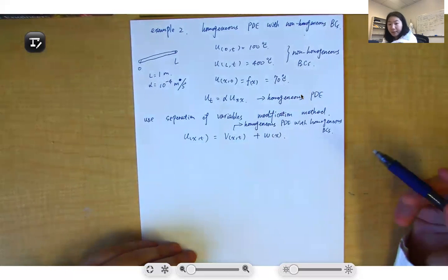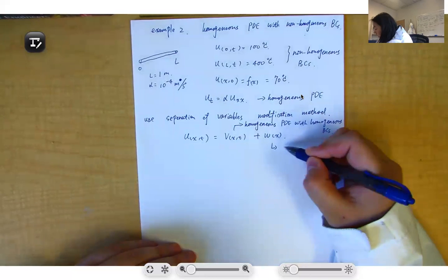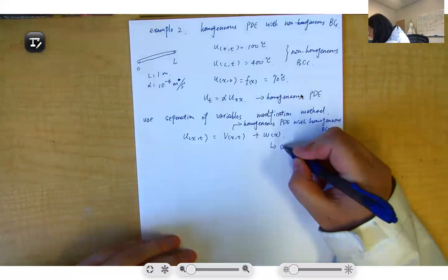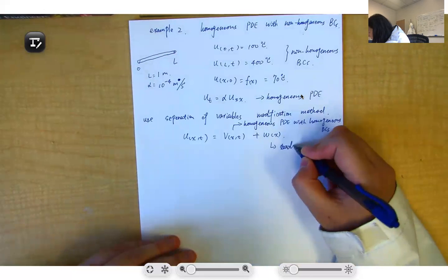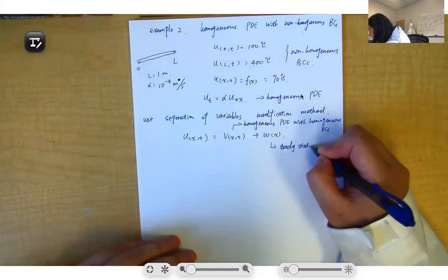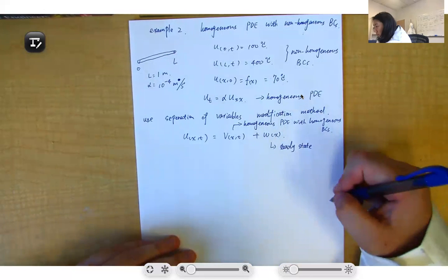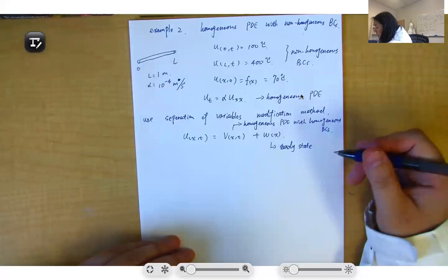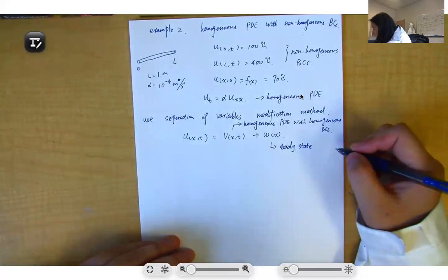And this W(x) is a steady state, you can say, steady state temperature distribution.